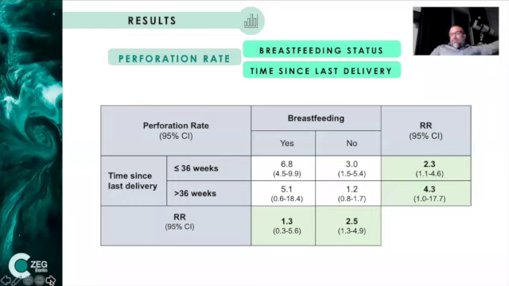In both cases, statistically significant, 2.3 and 4.3. And we also saw a risk independent of breastfeeding for time since last delivery. Also statistically significant, 2.5-fold increased risk, 36 weeks and less compared to above 36 weeks. So these two risk factors work independently. Next slide, please.